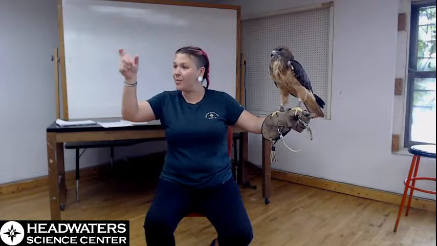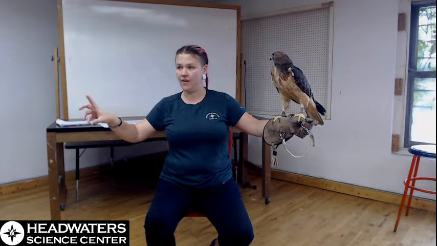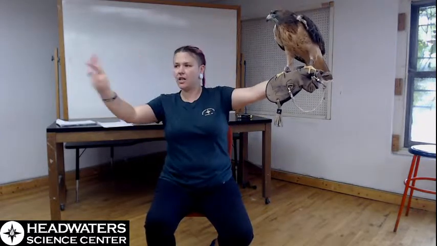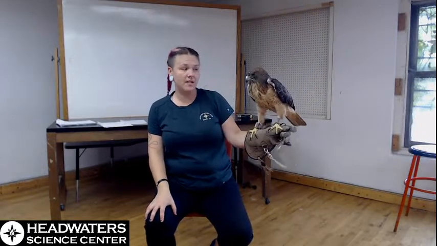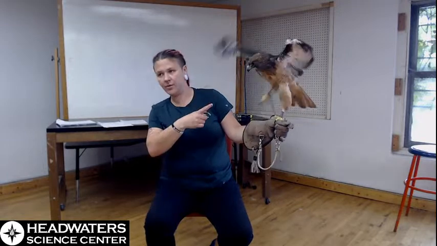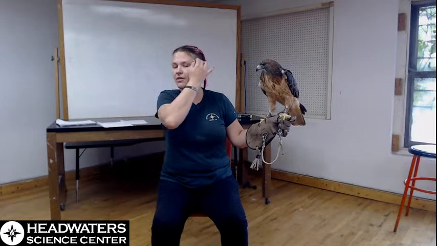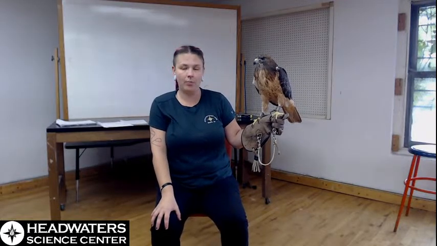But that very tip of the wing is where some very important flight feathers grow out. When he opens this one, you can see those really long, almost finger-like projections coming off. He's missing all of those on this wing over here, which makes it so he really cannot fly. He can glide just a little bit, but certainly not enough to hunt or to get away from prey.